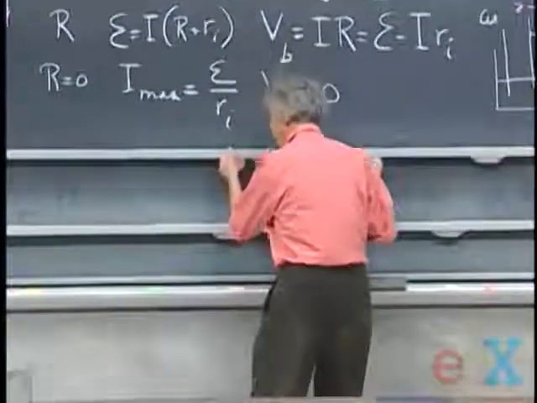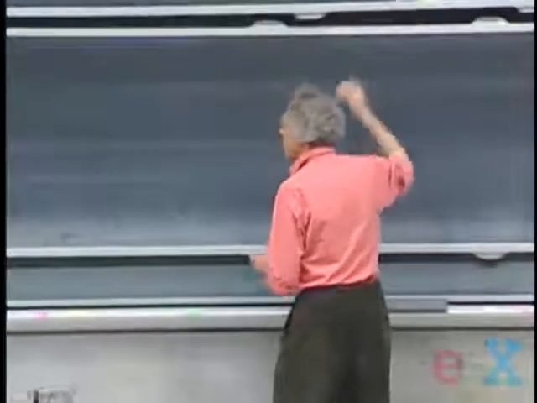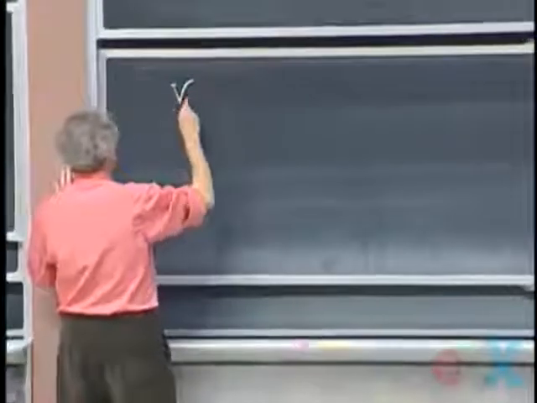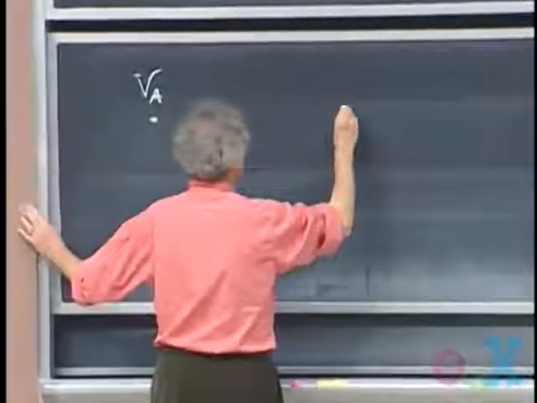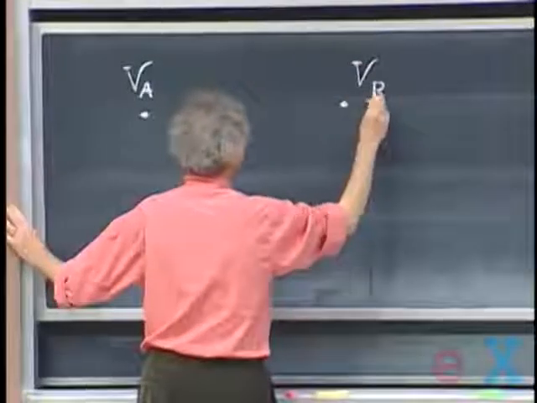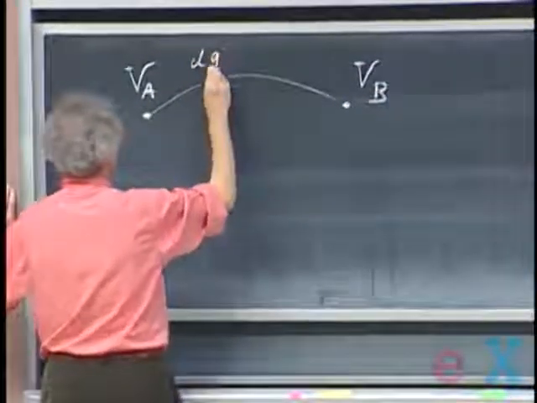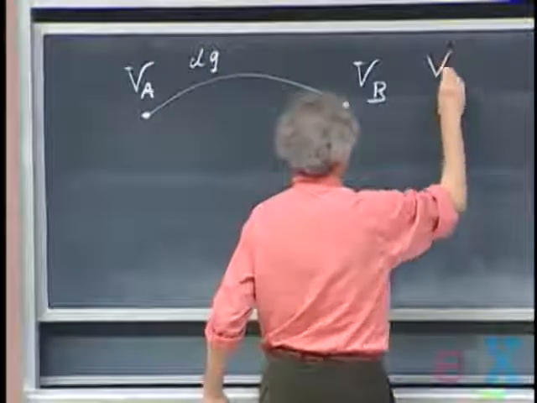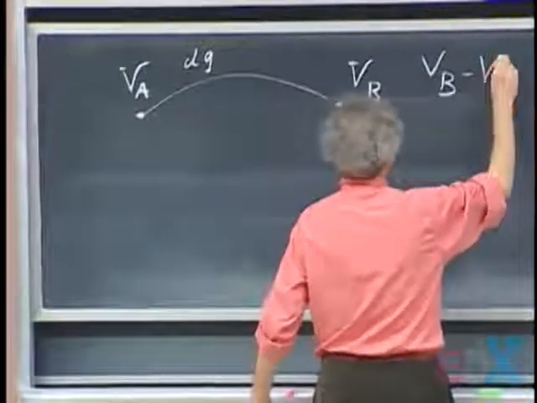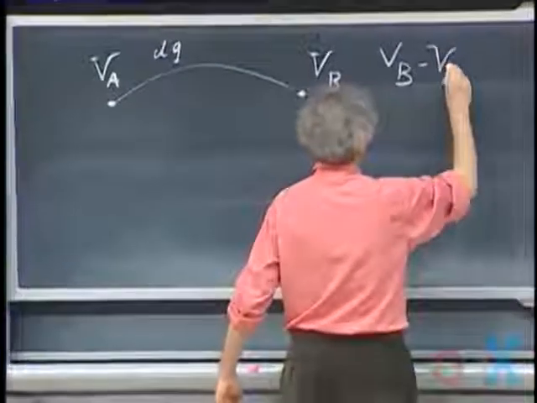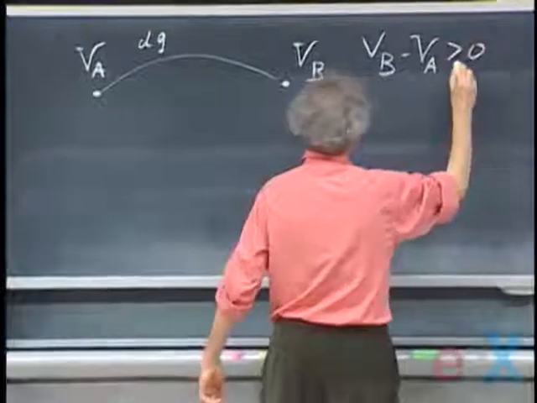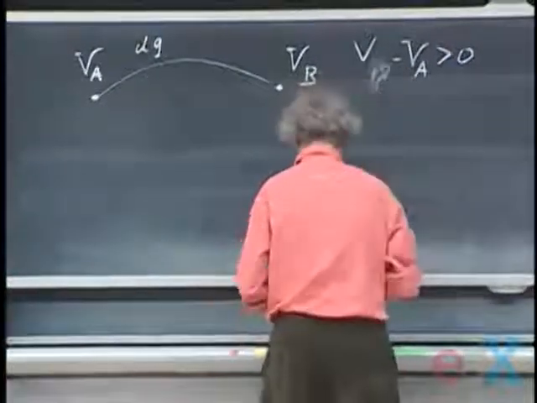If a charge moves from point A to point B, and here the potential is VA, and here the potential is VB, and a charge dq moves, and let's suppose for simplicity that VB minus VA, yeah, let's make VA larger than VB.